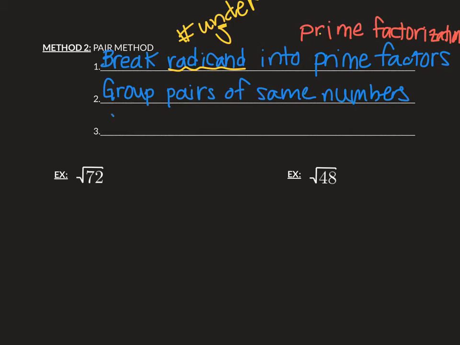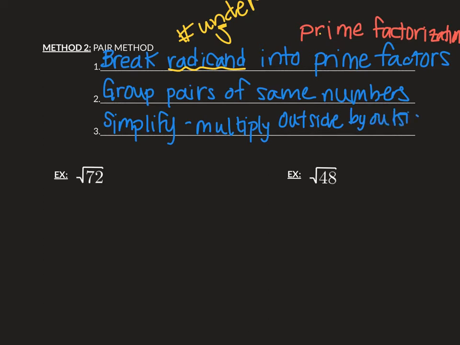Now this requires a little bit more steps involved. That's the basic steps. But what I want you to remember is we are going to multiply outside by outside. And I don't have room to write it, but we're going to multiply inside by inside. And you'll see what I mean by this in just a second.